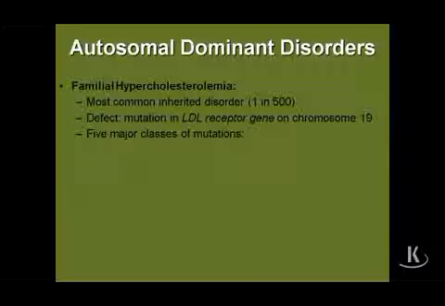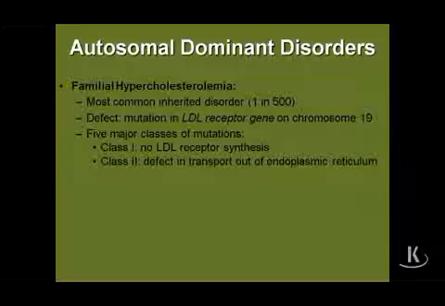And there are 5 major classes of mutations that can affect the normal synthesis, degradation and recycling of the LDL receptor gene. In class 1, there's no synthesis of the LDL receptor. Obviously, LDL would accumulate in the blood, leading to accelerated atherosclerosis.